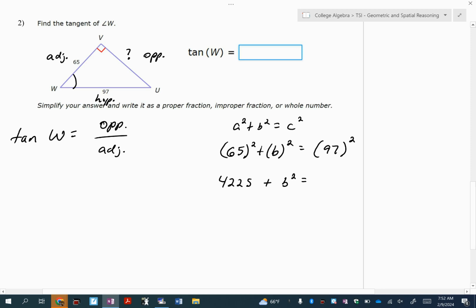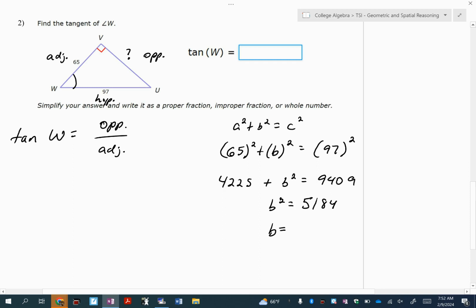Correct. 97 squared is 9409. I'm going to move this 4225 over to the other side with subtraction. So I'm going to do 9409 minus 4225 to get 5184.